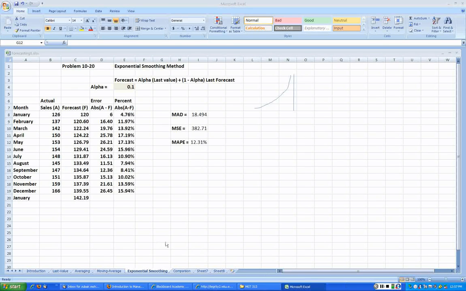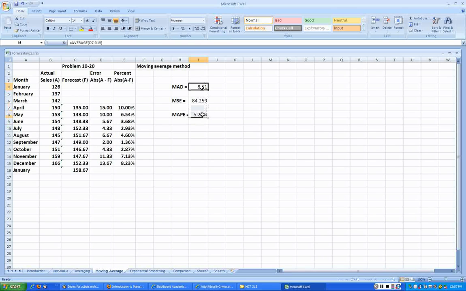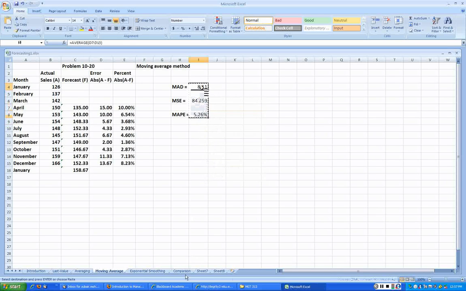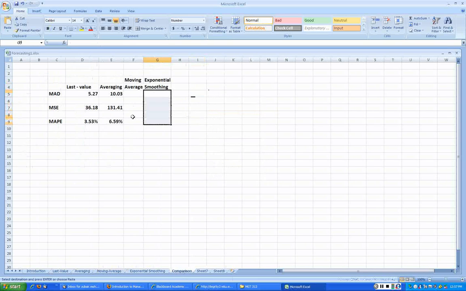Okay, folks, let's compare all these 4 different techniques that we have discussed so far. Let me copy the moving average results, the mean absolute deviation, MSE and MAPE. I'm going to go to the last sheet, comparison, where I already had the other 2 values. Here I'm going to click and do a paste special.